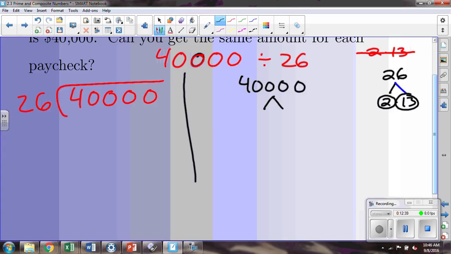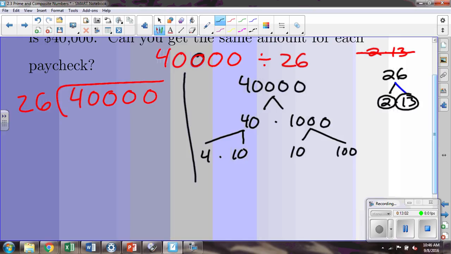So we need a pair of numbers that are going to multiply to 40,000. How about 40 times 1,000? Then 40 can be 4 times 10, and 1,000 can be 10 times 100. 4 is equal to 2 times 2.